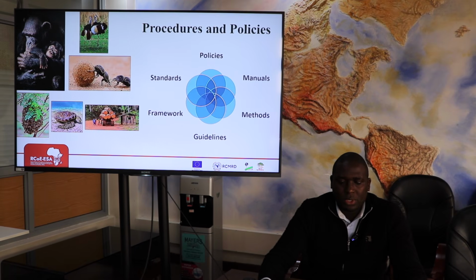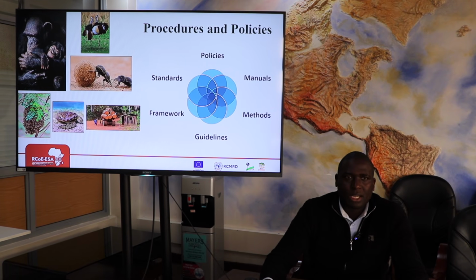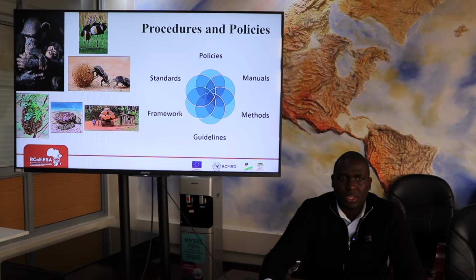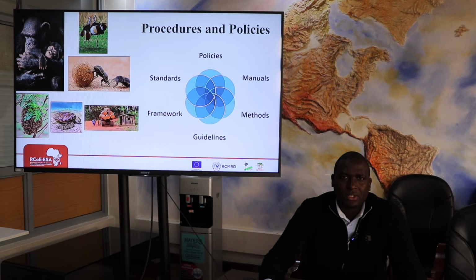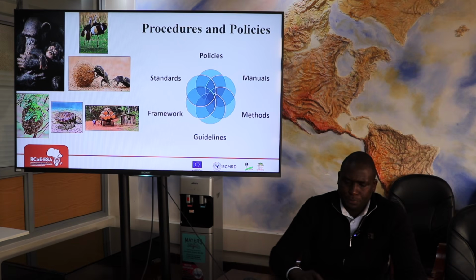It could also include manuals and frameworks within which we operate with the GIS, or we interact with the GIS system. So those are the five components of GIS, and now we can go to the functions of GIS.